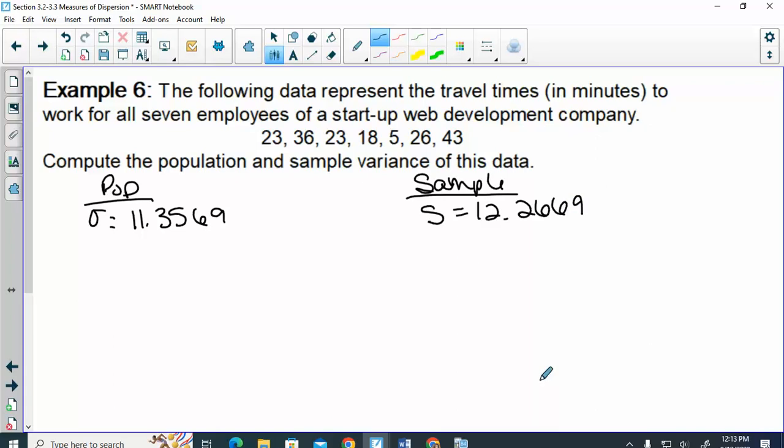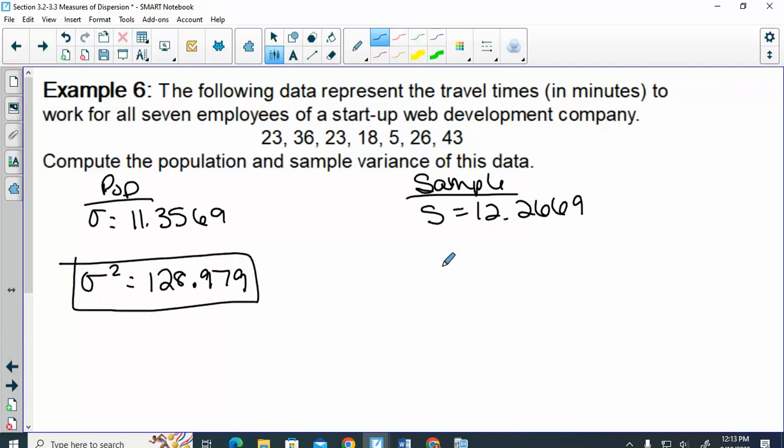Okay, so to get the variance, you just square it. So I get a variance of 128.979. My sample variance is 150.477.